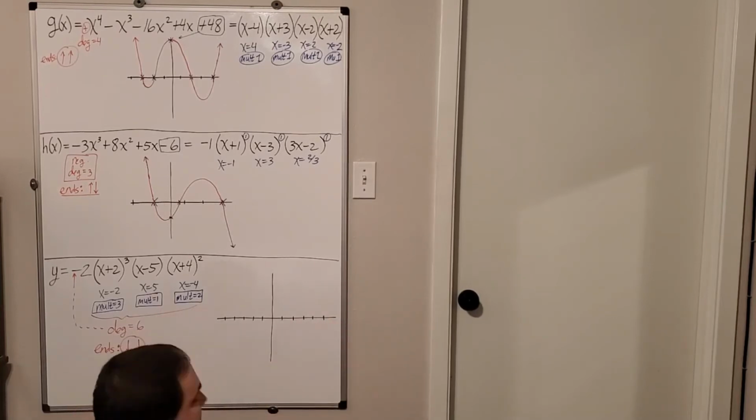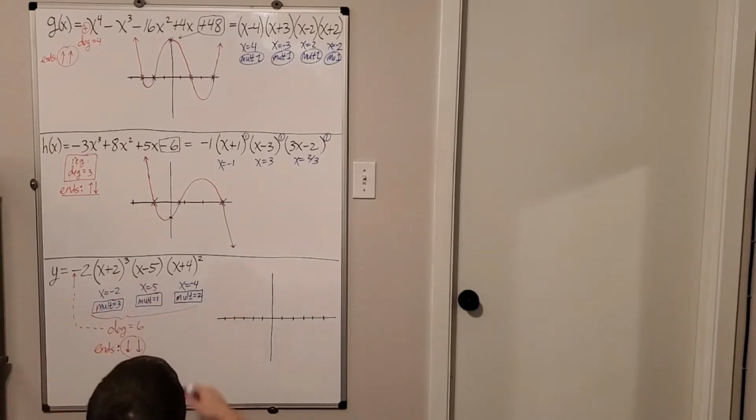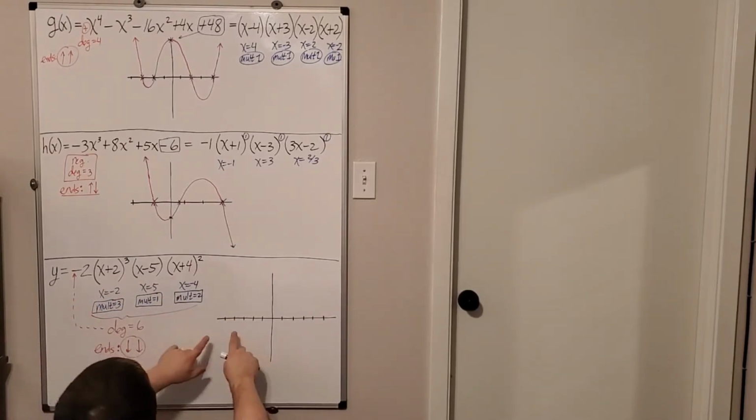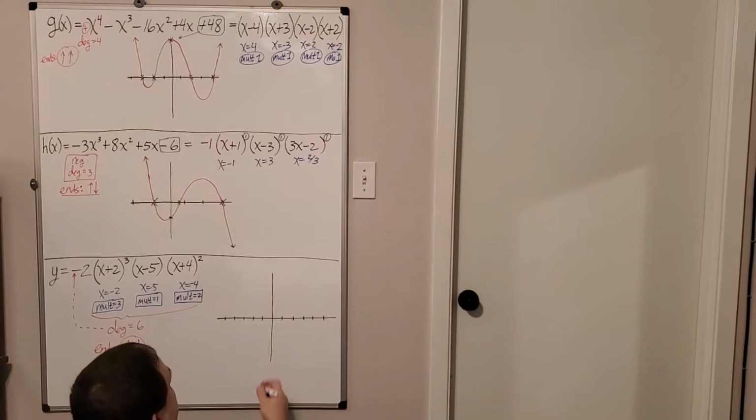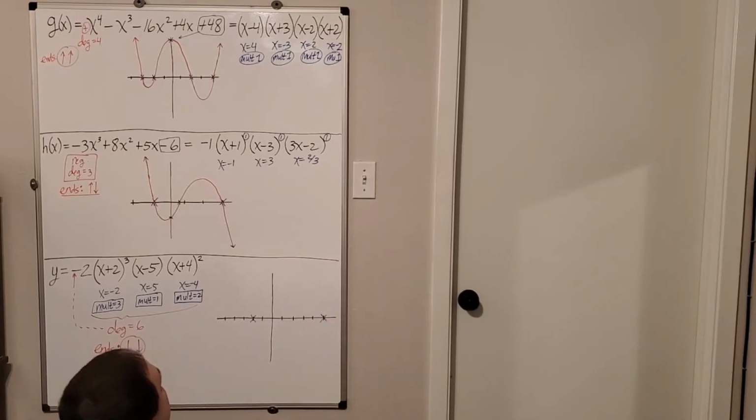Forgive me if my spacing's off. You know, I'm only human. I'm just trying to get a rough graph here anyway, just so we can understand the shape. Okay, let's look at our intercepts. -2, that's here. +5, that's over here. And -4, that's right here. Okay?